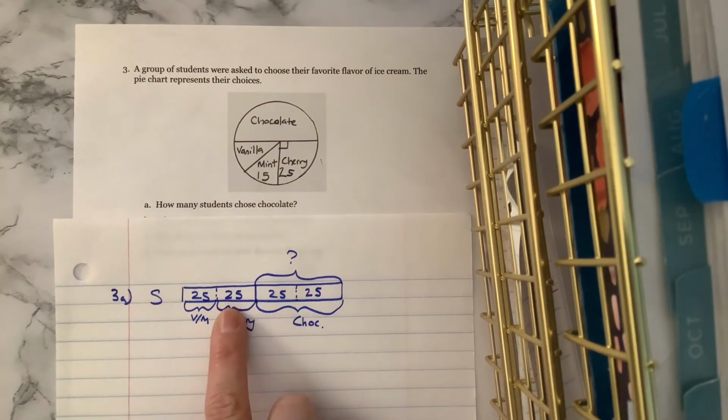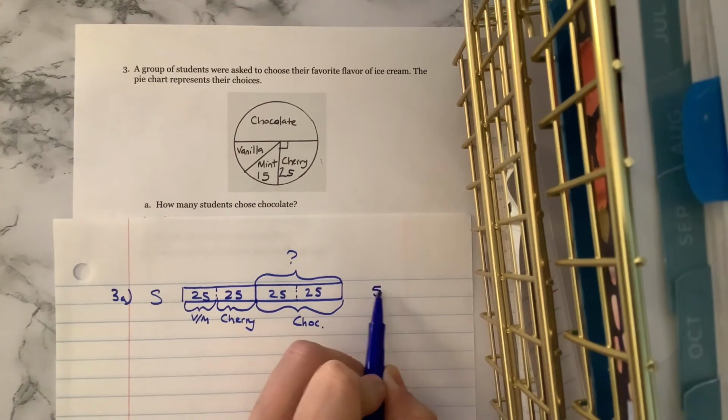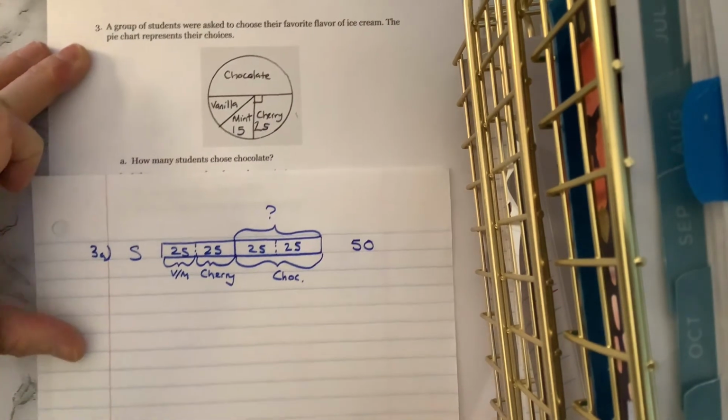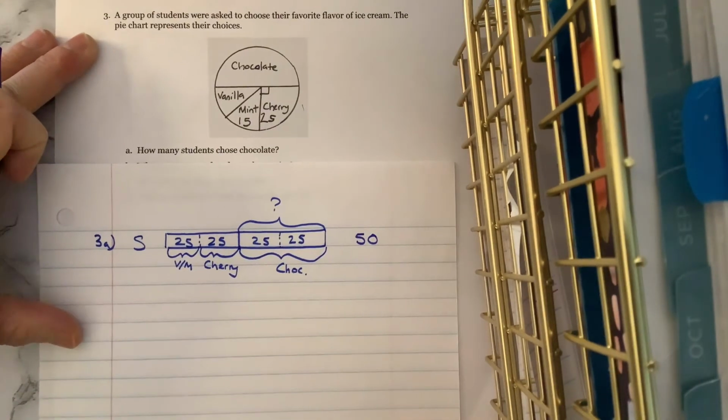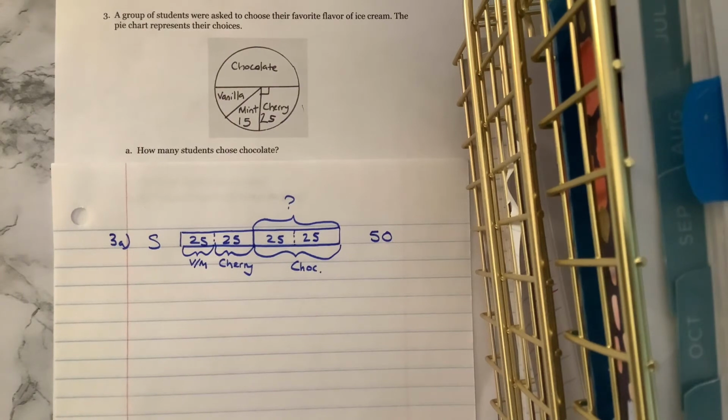So if 1/4 of them is 25, then we can figure out what half of them is. What is it? Yeah, we should have 50 students who chose chocolate. 50 of them chose chocolate. Okay, and this is how we figured that out. You'll see a problem like this in your homework. So it's a good idea to have a feel for how you're going to do this.